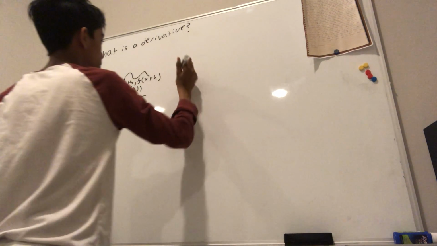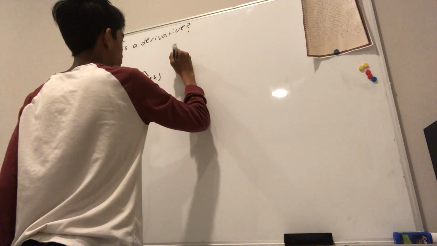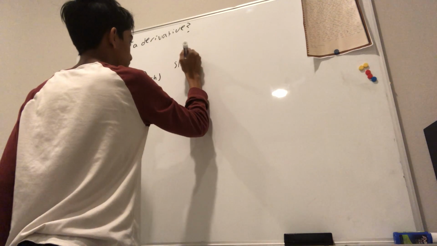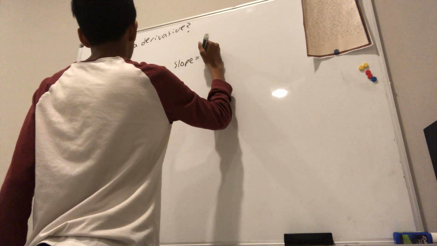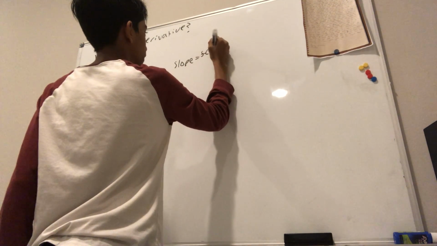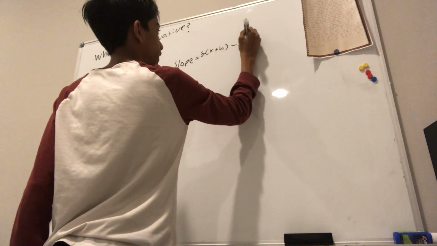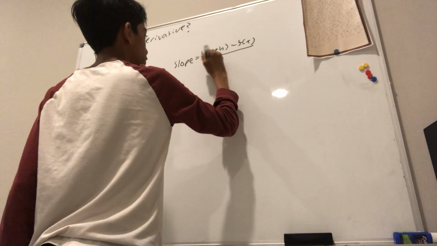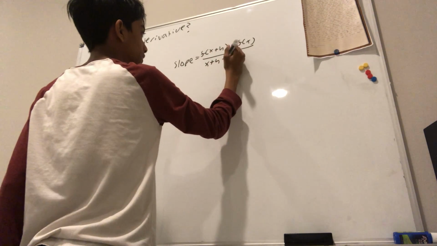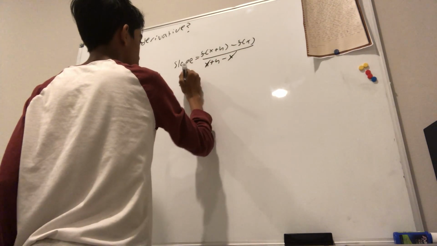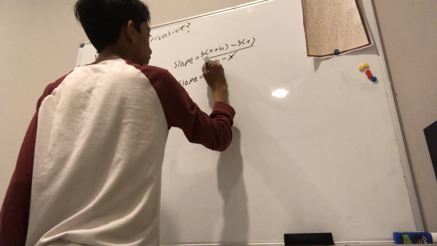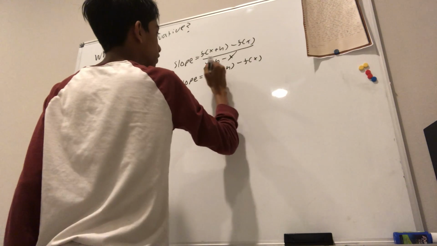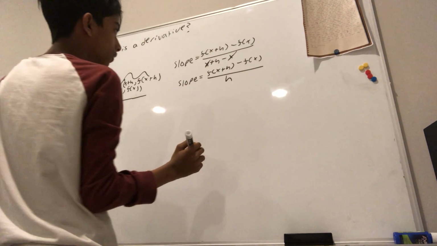So in algebra, you would have defined the slope. So basically the slope is equal to f of x plus h minus f of x over x plus h minus x. And those x just cancel out, so the slope is equal to f of x plus h minus f of x over h.